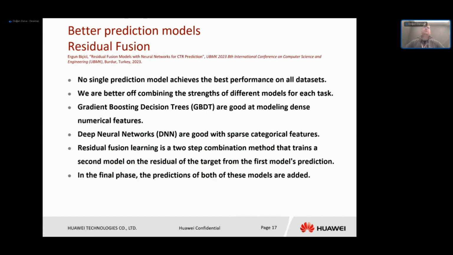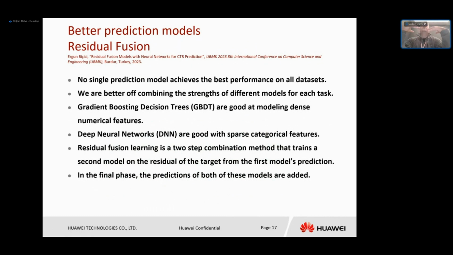Another technique that we use is residual fusion. We have different models and different types of models, so not necessarily just neural network models for CTR prediction. And for some tasks, some models perform better and some models perform better for some other tasks. And no single prediction model achieves the best performance on all data sets.